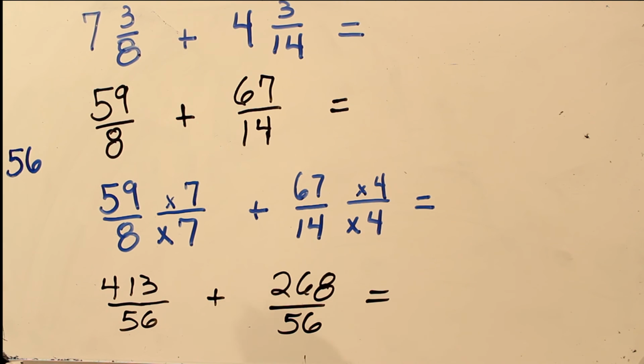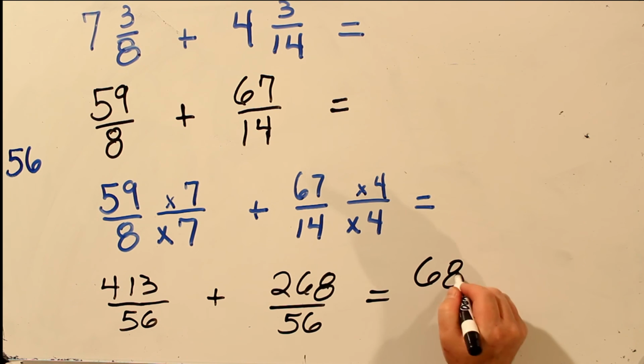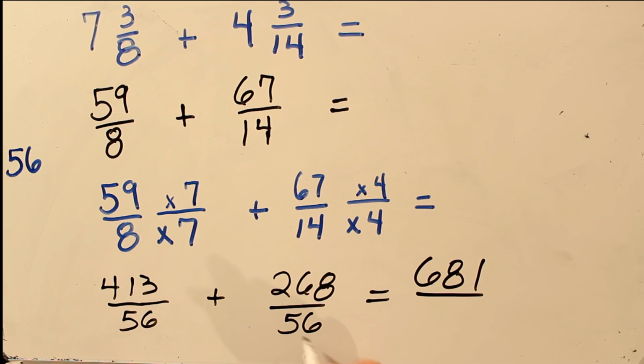Now the bottom numbers are the same, so to add these two fractions, you add the top numbers across. 413 plus 268 is 681 over 56. And again, this is an improper fraction. If you want, you can convert it back to a mixed number, or you can leave it as an improper fraction. But that is how you add mixed numbers together.